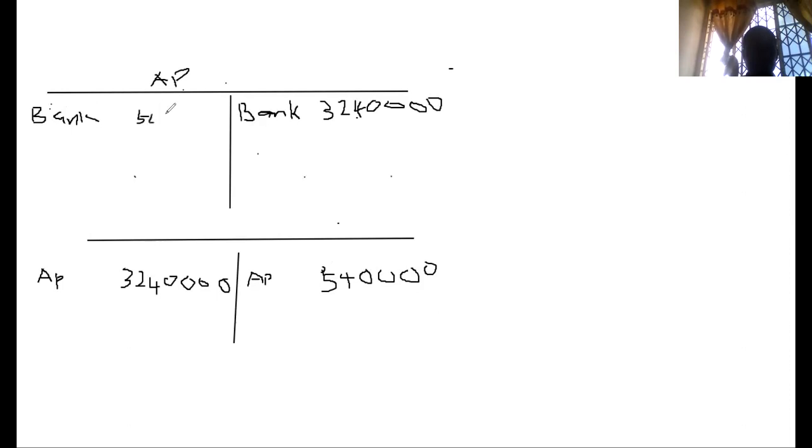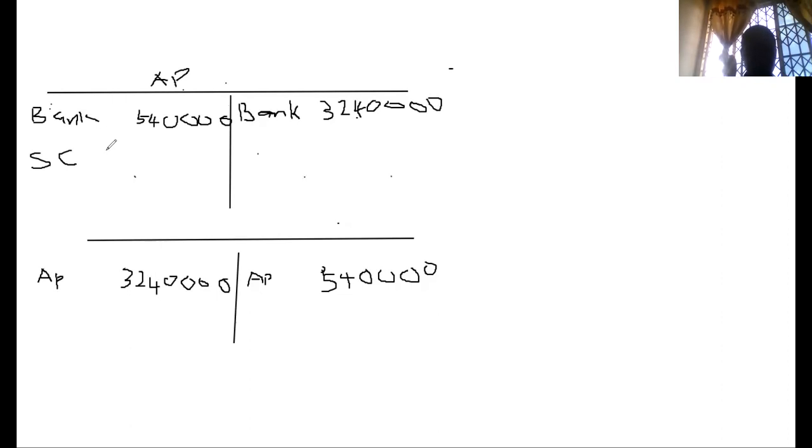So the actual money that must be transferred to stated capital will be, so I will write stated capital as SC. So that will be the 150,000 multiplied by 18 cedis, right? So 150,000 multiplied by 18 cedis.